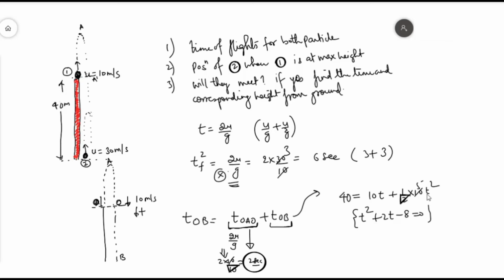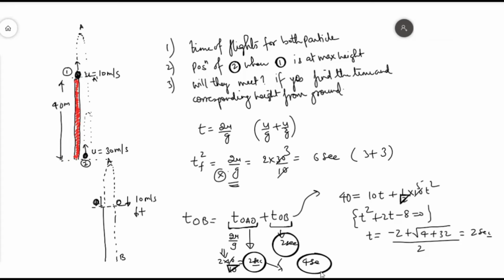The roots of this equation, ignoring the negative t, give t equals minus 2 plus root over b square minus 4ac divided by 2a, so minus 2 plus root over 4 plus 32, which is root 36, that is 6. 6 minus 2 is 4. 4 divided by 2 is 2 seconds. So this value is 2 seconds, and we already had 2 seconds, so 2 plus 2 becomes the total time, 4 seconds.